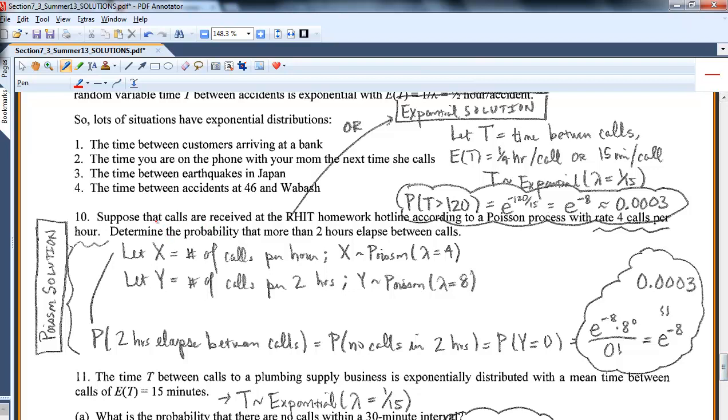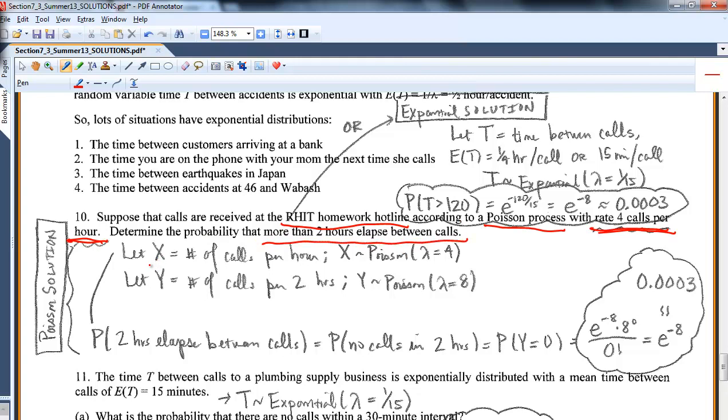Suppose that calls occur at the homework hotline according to a Poisson process, 4 calls per hour. So if there's 4 calls per hour, that means there's 15 minutes between calls. Determine the probability that more than 2 hours pass between calls.